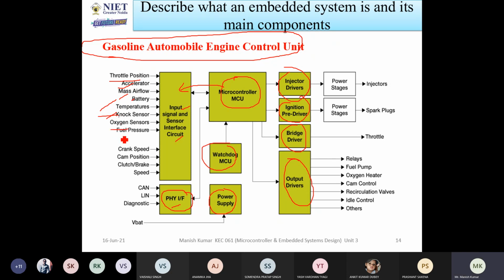Now oxygen sensors and fuel pressure sensors. With the help of oxygen sensors, it will check whether proper oxygen is there or not. With fuel pressure, whether proper fuel is there or not. If anything happens, it will be sensed by these input signal sensors and the information sent to the microcontroller.